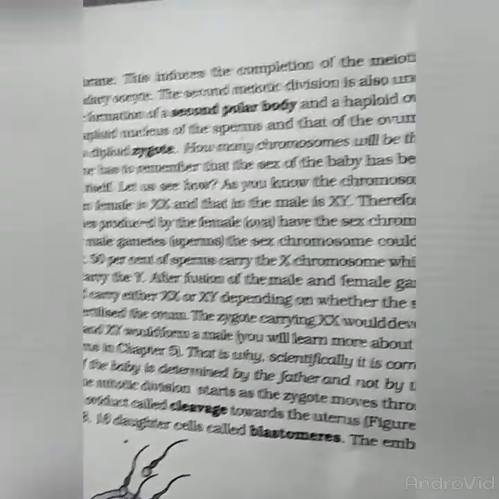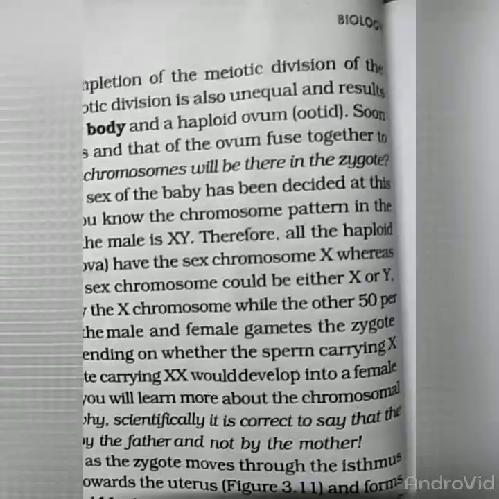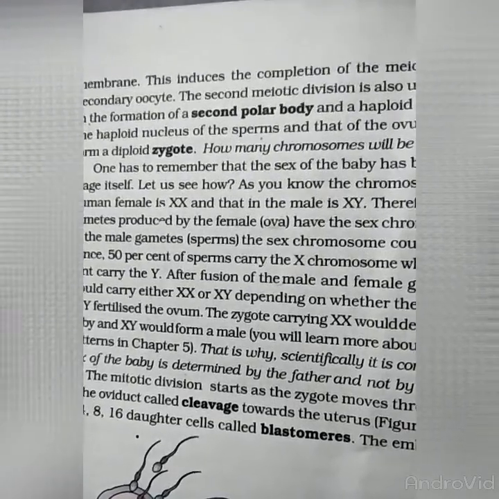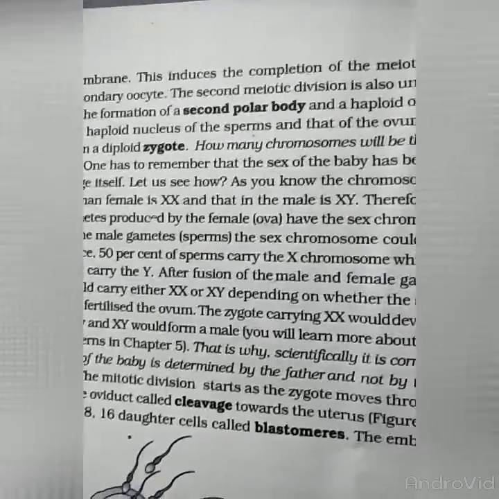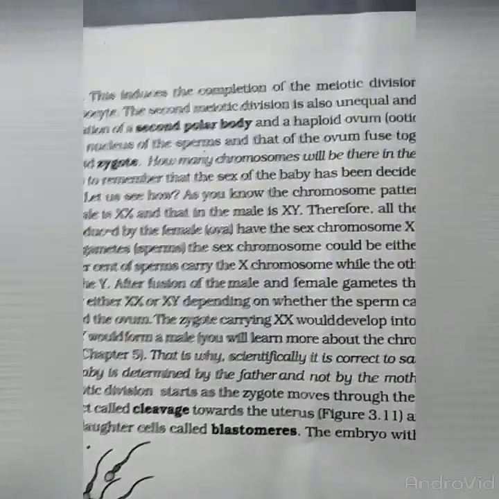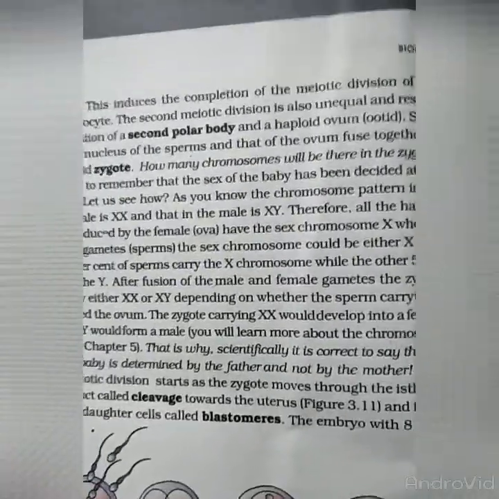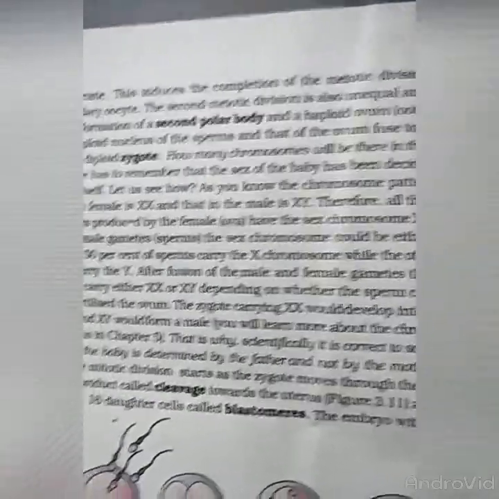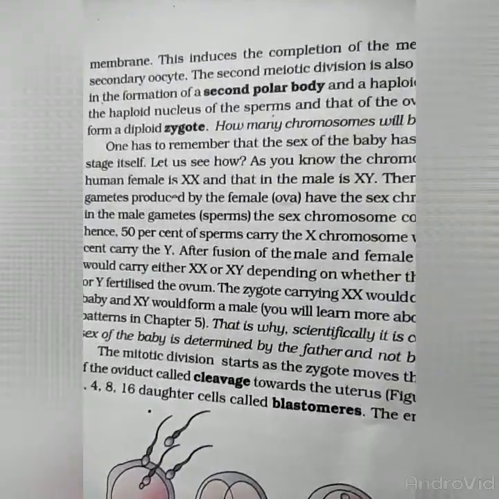The second meiotic division is also unequal and results in the formation of the second polar body. A haploid ovum and a haploid sperm fuse to form a diploid zygote.